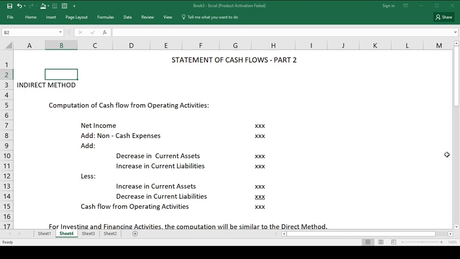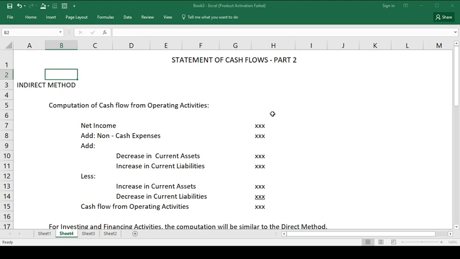The difference between the direct method and the indirect method is simply the computation of operating activities. Kasi under the indirect method, kung ano yung nakikita nyo sa screen na formula, yun po yung manner of computation natin ng operating activities.